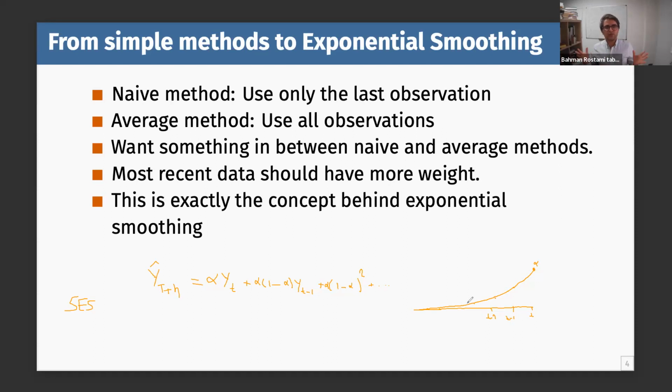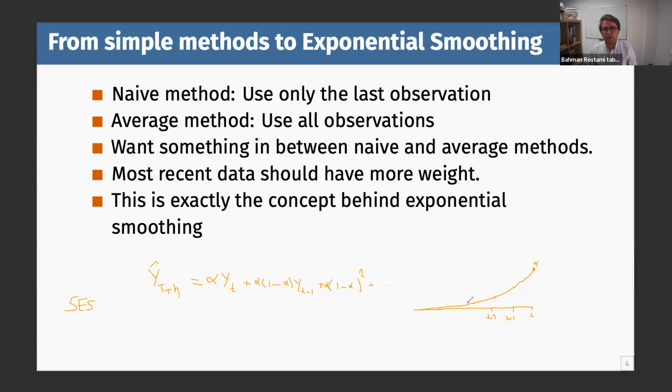All right, so we had two benchmarks, naive and total average. Naive gives 100% weight to the most recent observation. Average gives equal weight to all observations. We need something between, and simple exponential smoothing gives us this.